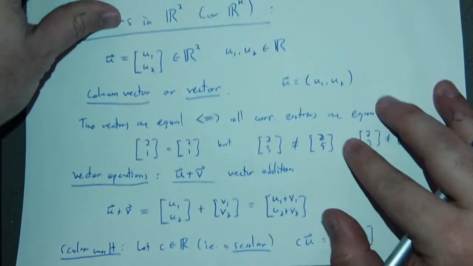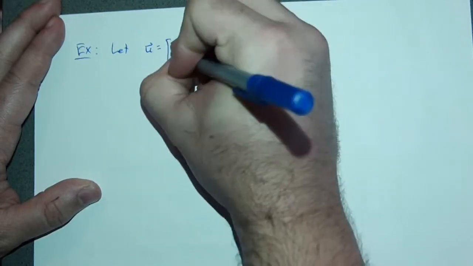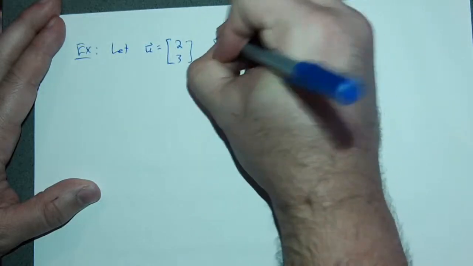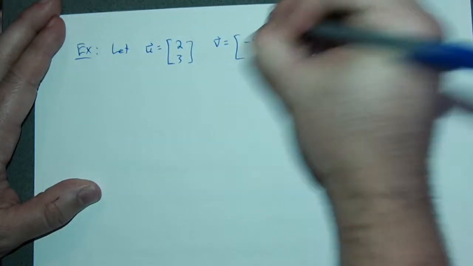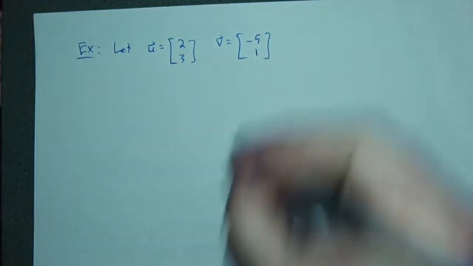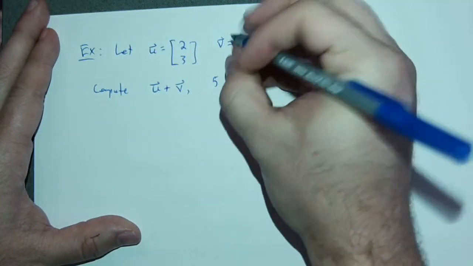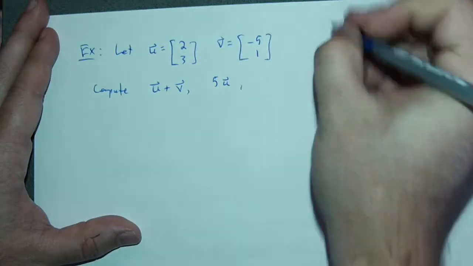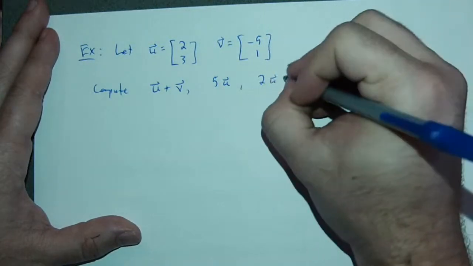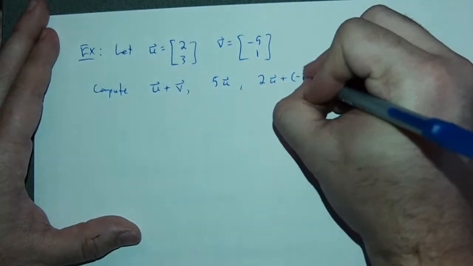Okay, so let's quickly do an example. Let u be (2, 3). Let v be (-5, 1). I want to compute, say, u plus v, 5u, and 2u plus -3v.